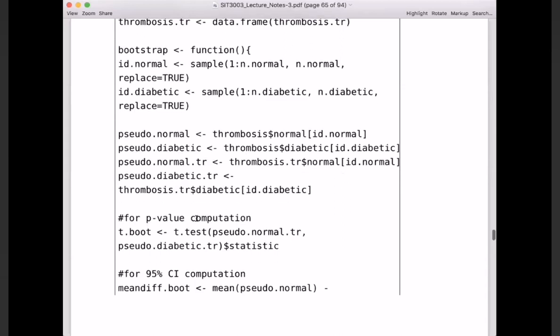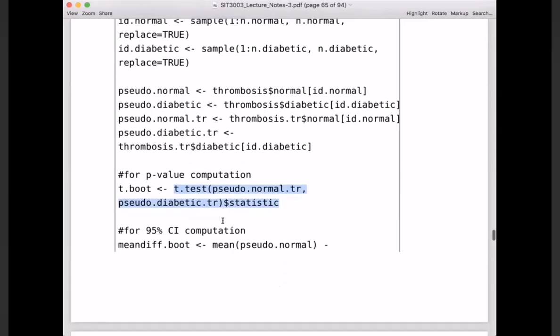So for the p-value computation, my bootstrap t-statistic, you don't have to put in the formula. You can just execute the t-test and then extract the statistic. Put a $ sign there, so it will extract the test statistic from the t-test.